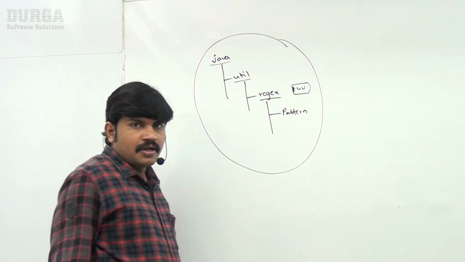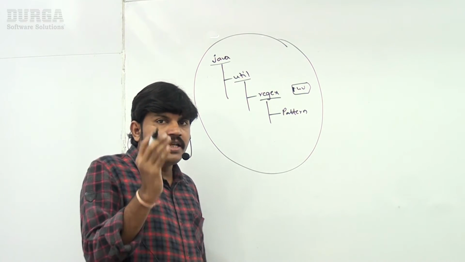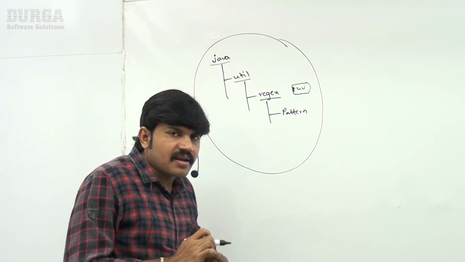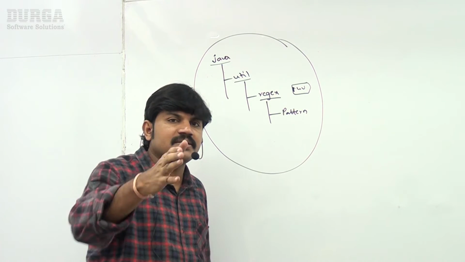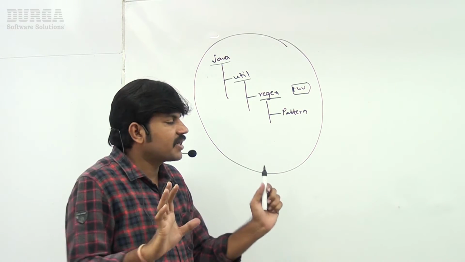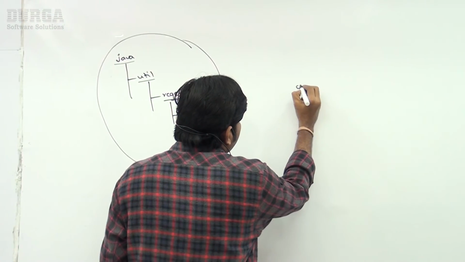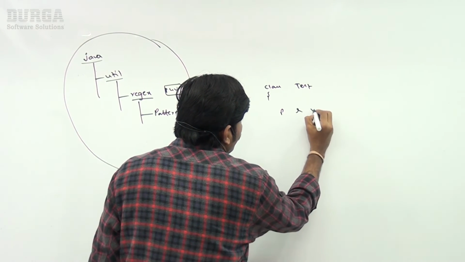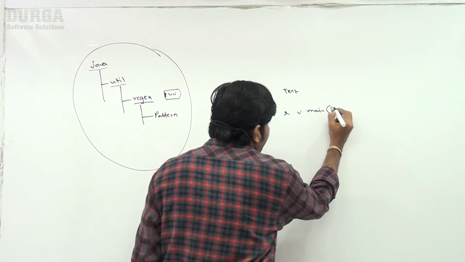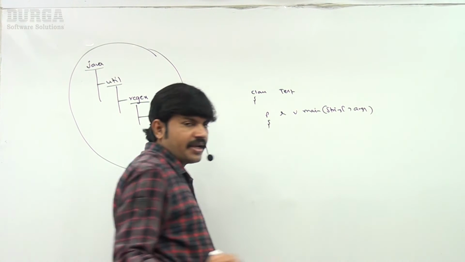Remember. Now my important conclusion is, I want to use this Pattern class in our program. How to use it, you will learn while discussing regular expressions, but currently not required. Just observe. I'm taking class Test, public static void main, String array args.